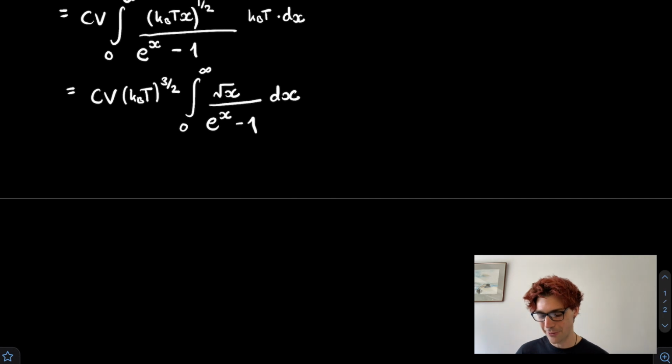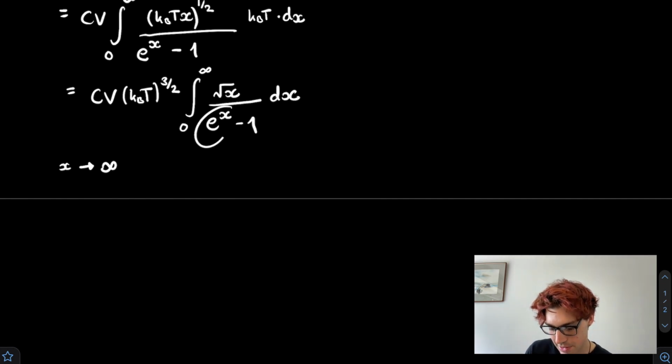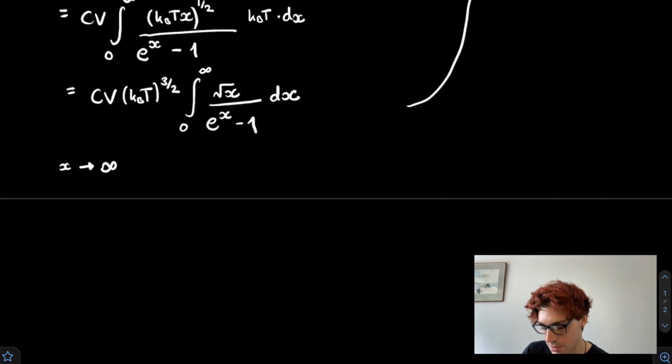Now that we've got it in a better form, we can have a look at this integral and see what's happening at the limiting cases. So as x goes to infinity, what's going to happen to this integral? Well, whenever you have an exponential term, this is by far the most domineering part of any mathematical expression, because if you graph e to the x, you get this very, very upward slope.